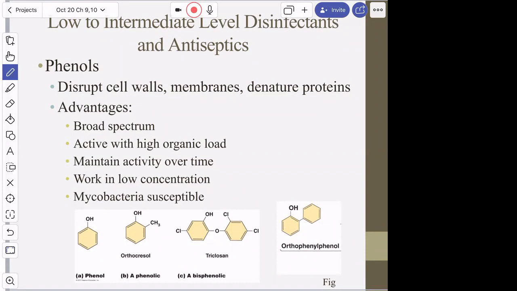But pretty much phenols have in the past been considered kind of the gold standard antimicrobial. Like that was the go-to to use if you needed to cut down on any antimicrobial growth. Because it does it all: disrupts the cell walls, membranes, denatures proteins, just a lot of damage to the cell.